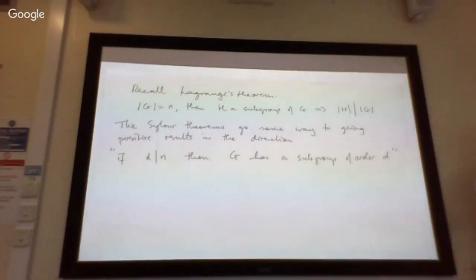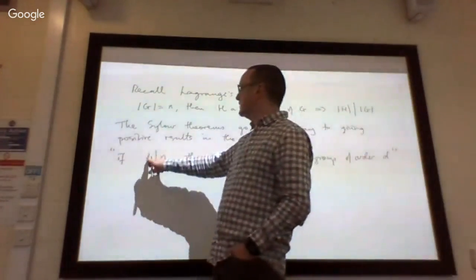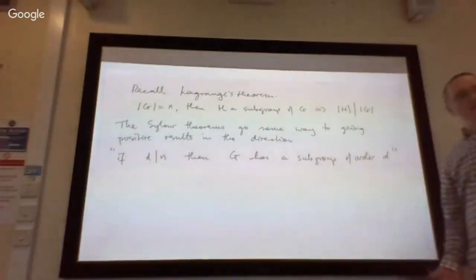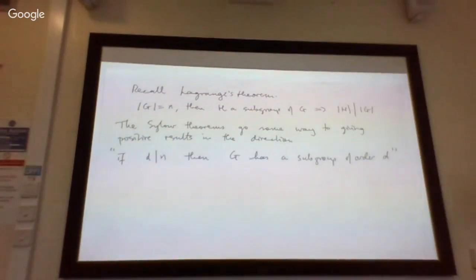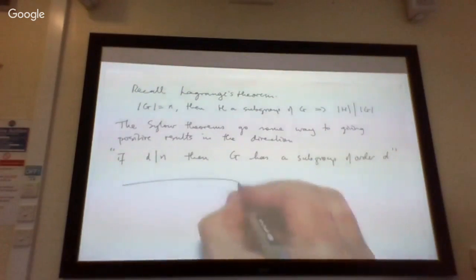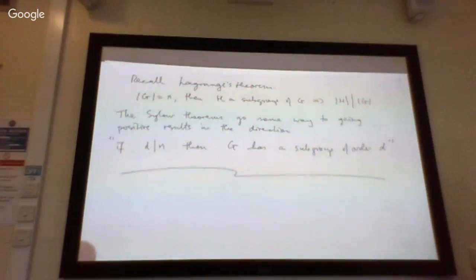Your coursework problem was showing that that wasn't the case for certain alternating groups. But for certain types of divisor, related to the prime factorization of the size of the group and so on, it is. Okay, so that's just a broad setting for where we are.